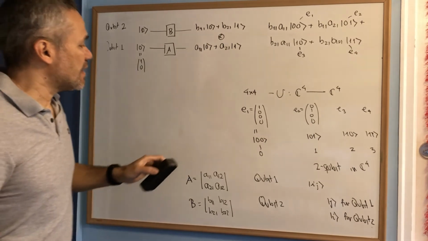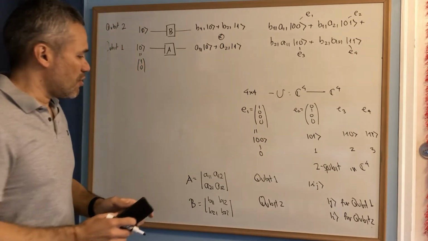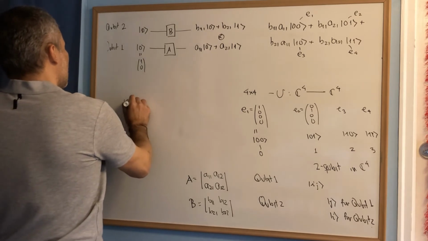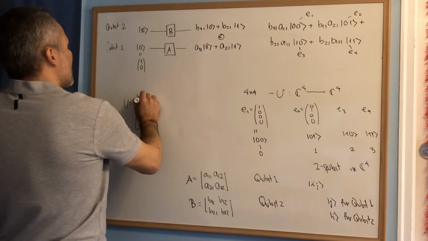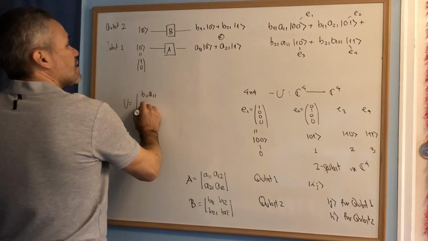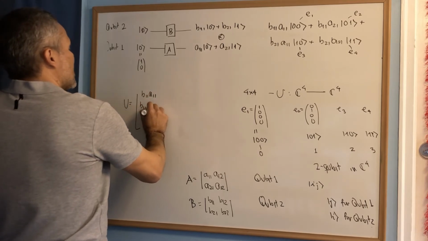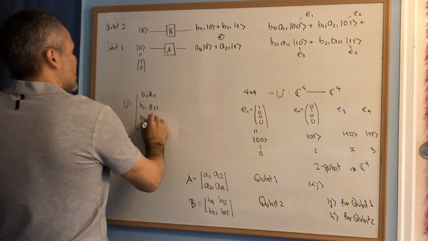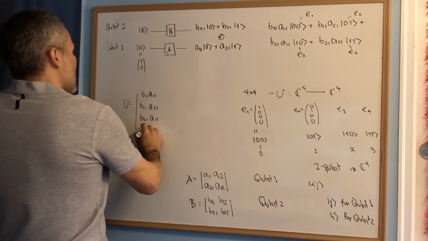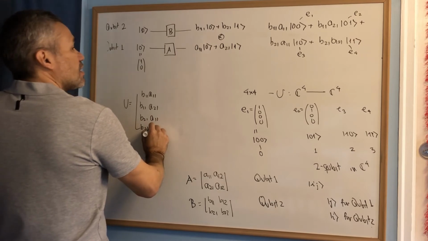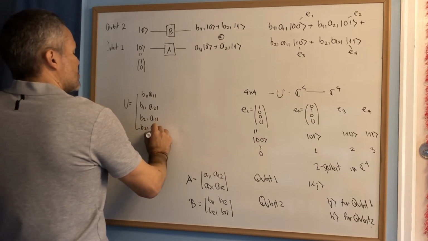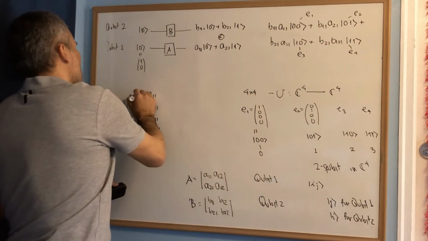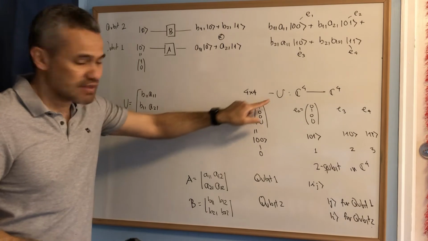That means that the first column of our matrix U is going to be B11 A11, B11 A21, B21 A11, and B21 A21, right? This is E1. This is going to be the first column of our matrix U.